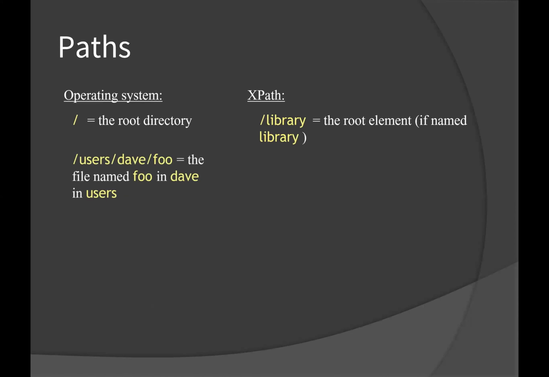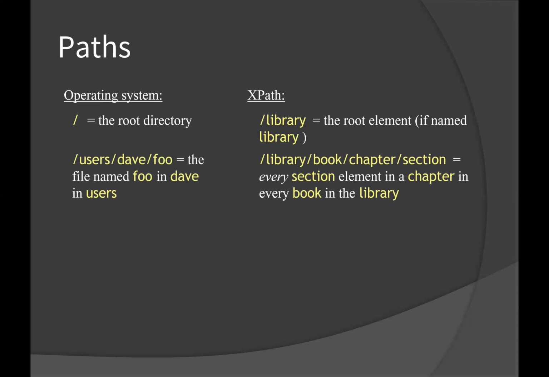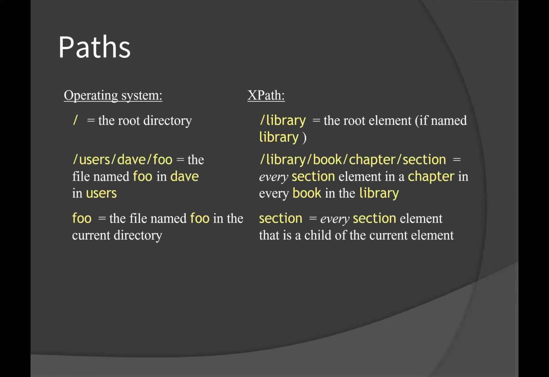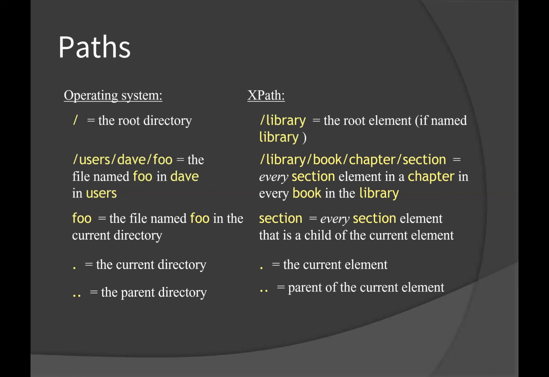So forward slash users dev foo means the file foo in dev in the users directory. Here it is the same old story: every section element in the chapter in every book in the library. That's how we have to read it. Foo is a file name in the current directory. Here it selects section, which is the current element. Dot is the current directory, dot is the current element. Dot dot is the parent directory, here called the parent element.